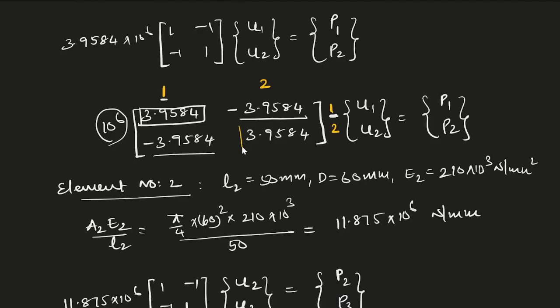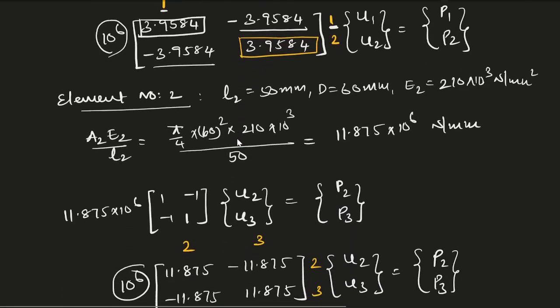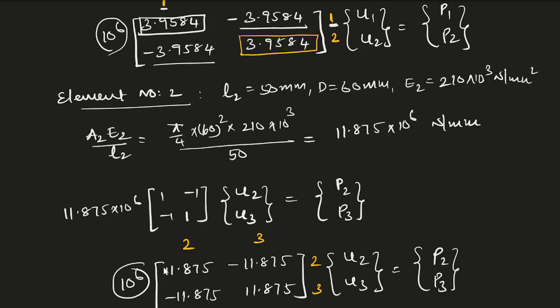So we have this value 3.9584, and here also we have a 2 comma 2, which is 11.875.